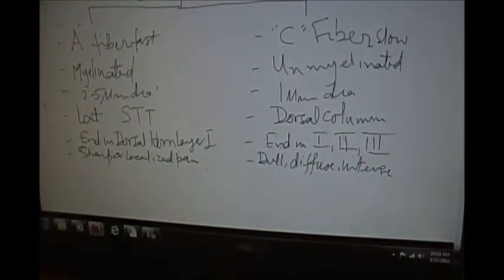The A type fibers go in the lateral spinothalamic tract, whereas the C type fibers are found in the lateral division of the dorsal roots and are often called the dorsal root C fibers. The A fibers end in the dorsal horn layer 1, whereas the C fibers end deeply in the substantia gelatinosa and layers 4 and 5.